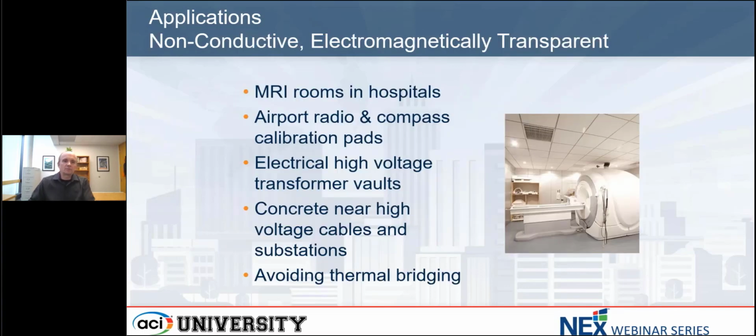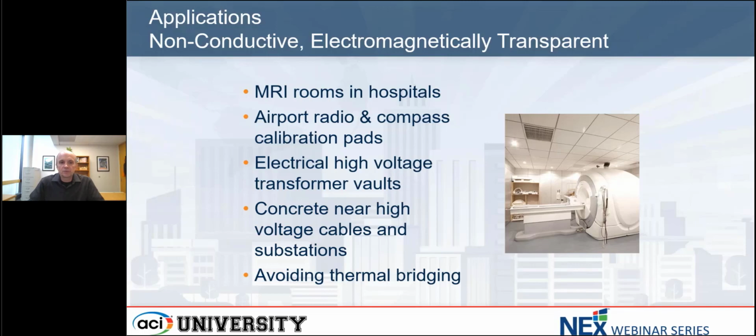The other place where FRP has been used historically is really for applications where a reinforcement that is either non-conductive or electromagnetically transparent is needed. These are specialty applications, like the photo that you see there of an MRI unit in a hospital. These MRI units have limitations on how much ferrous or metallic material can be around the magnet that's used in these.